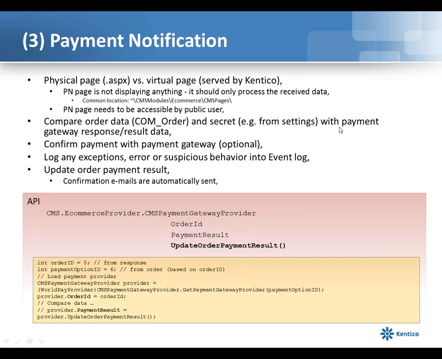Now, based on the information we receive, we might want to compare the data received with the data that we have within our order table, or we might want to compare some secret information. In Kentico we can store, depending on the payment gateway of course, a secret and compare it with the information that we received from the payment provider.